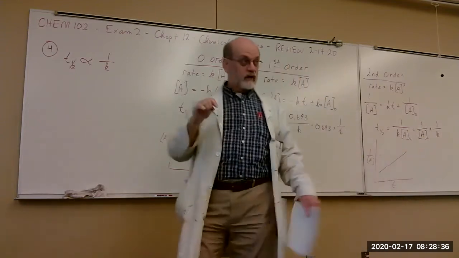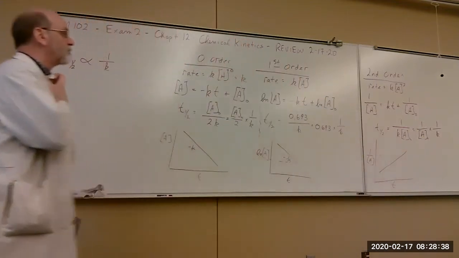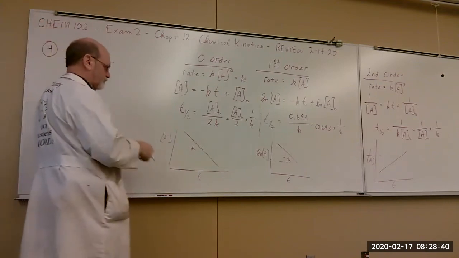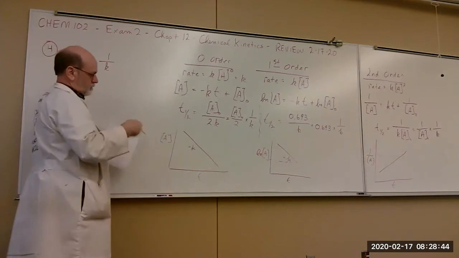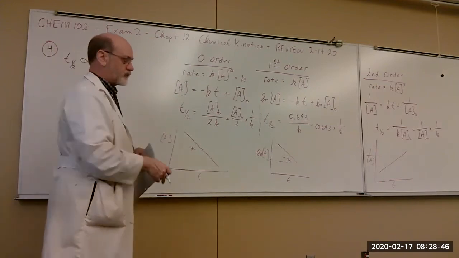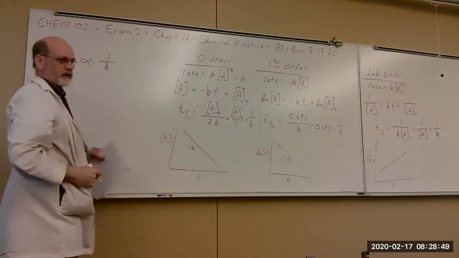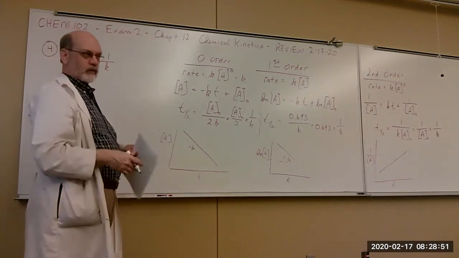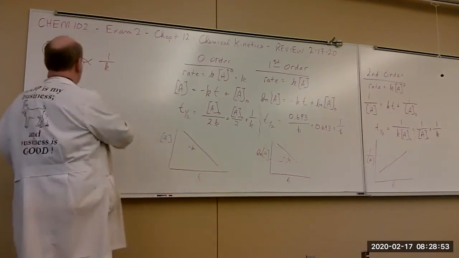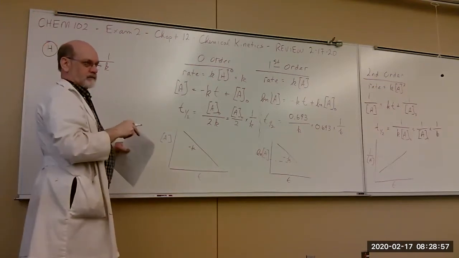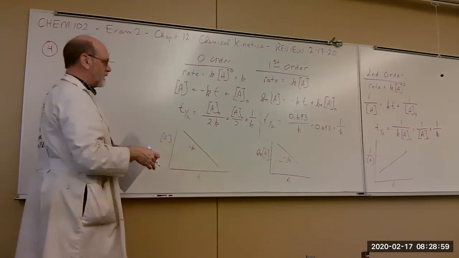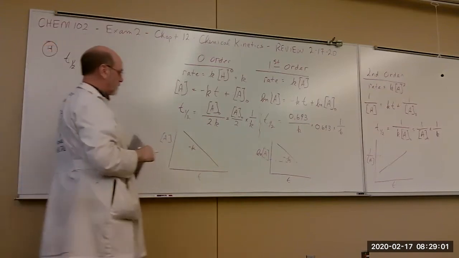So we know we've done it right. And proportionality becomes equality if you have a proportionality factor involved. So I use the proportional symbol here instead of equals, because we can't say that t 1/2 is equal to 1 over K, because there are other factors involved. But we can say it's proportional to 1 over K.